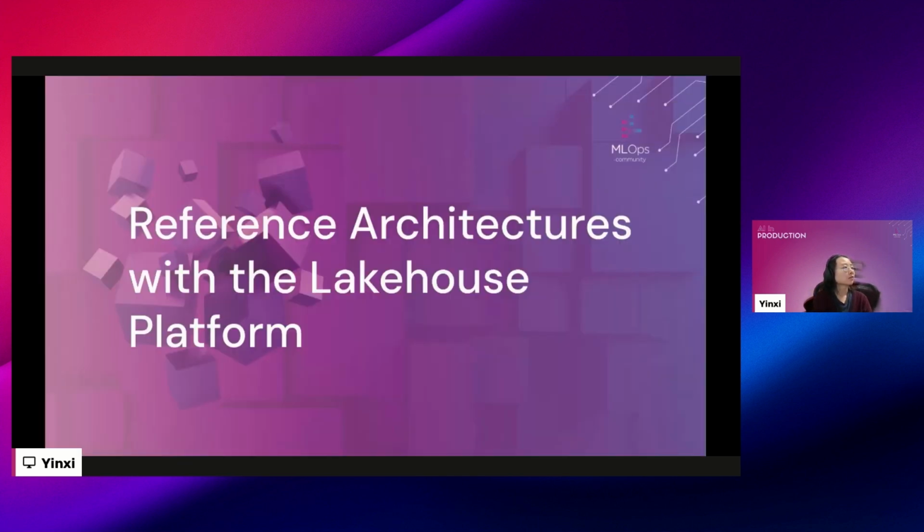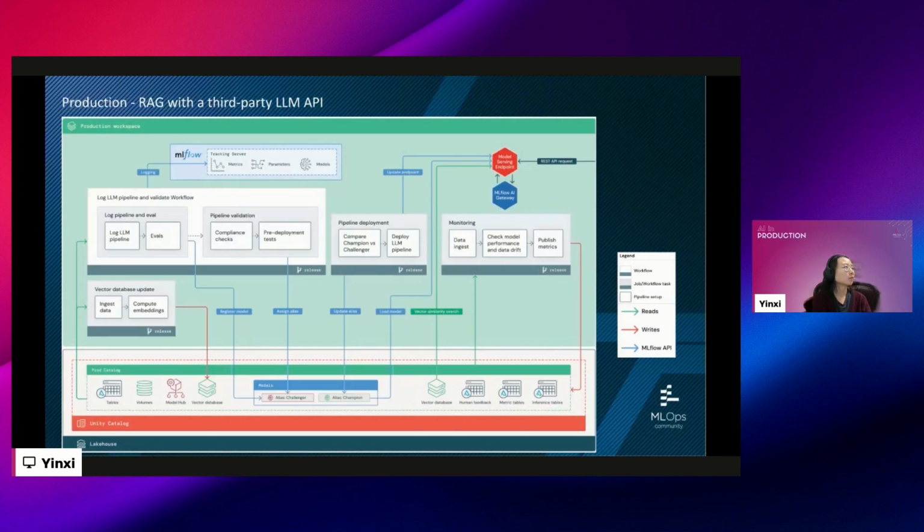All right, and we have a reference architecture on the Lakehouse platform for RAGs. On the Databricks Lakehouse platform, we recommend saving your objects and assets into Unity Catalog, and then you have different components of the pipeline.